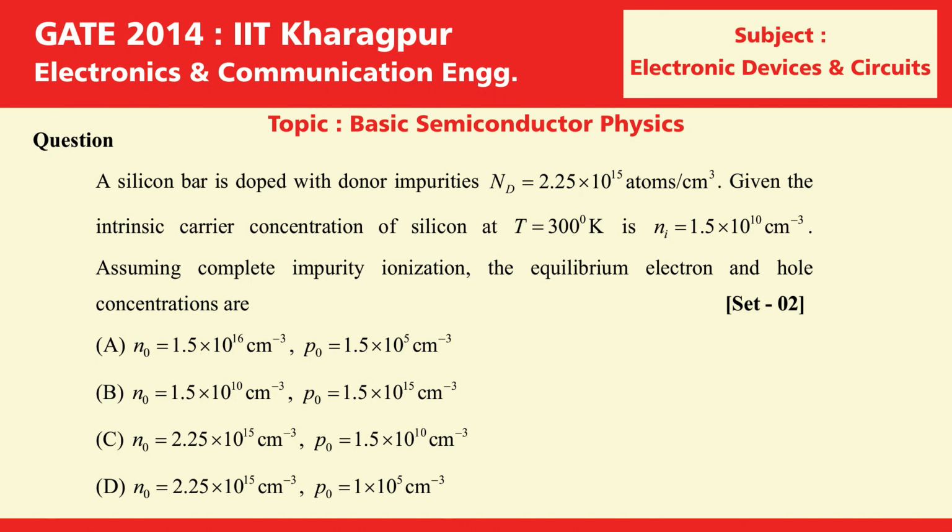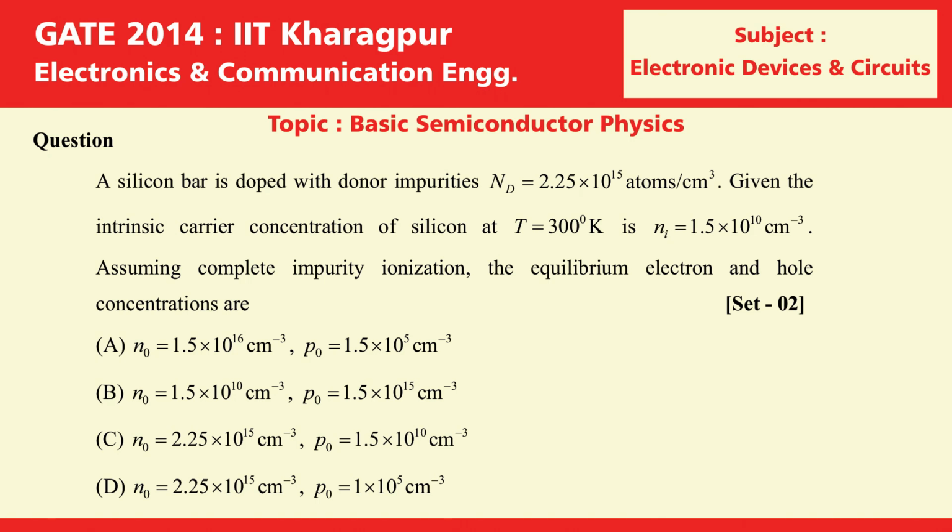Assuming complete impurity ionization, the equilibrium electron and hole concentrations are: option A is n0 = 1.5 × 10^16 per centimeter cube, p0 = 1.5 × 10^5 per centimeter cube. Option B is n0 = 1.5 × 10^10 per centimeter cube and p0 = 1.5 × 10^15 per centimeter cube.